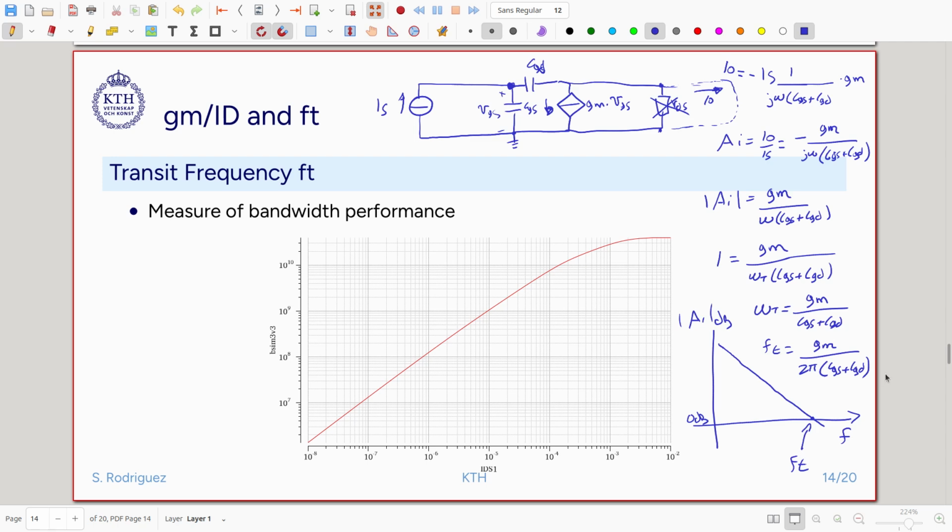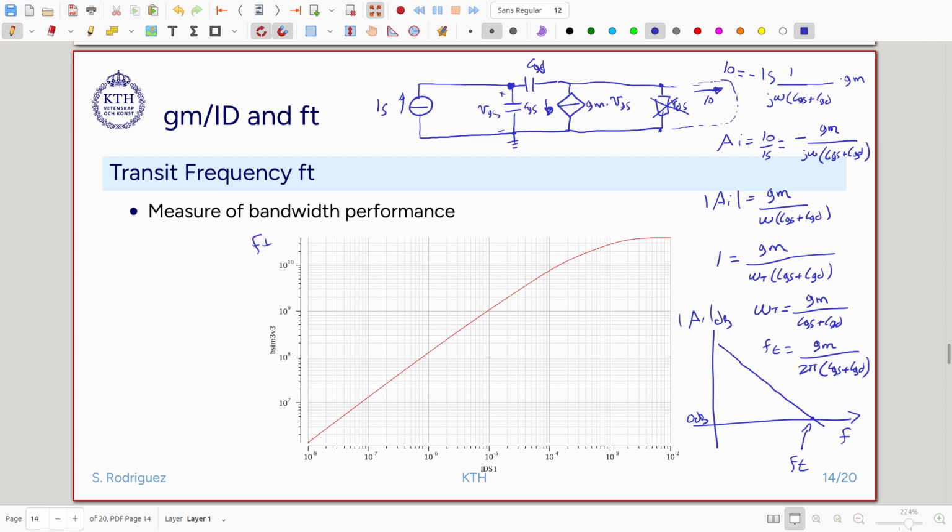The transit frequency, and then we see that the transit frequency is proportional to the transconductance, and then we can plot this as a function of the current. Then we saw that for very small currents in weak inversion, the transconductance grows linearly. So we plot the transit frequency here.